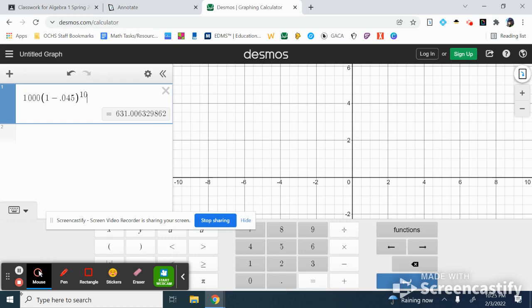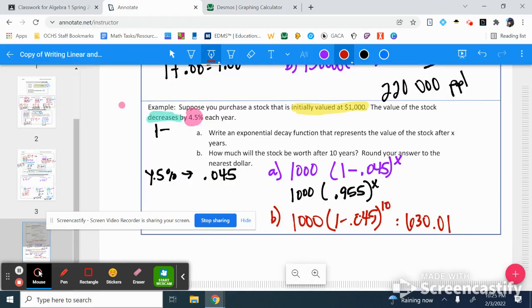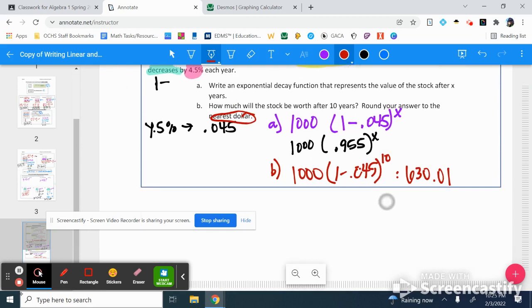The 6 tells the 1 to go up. But it says to round it to the nearest dollar. So if I round this to the nearest dollar, my account will have $630 in the account. This is where reading the problem and making sure you're rounding to where it's asking you is going to come into big play.